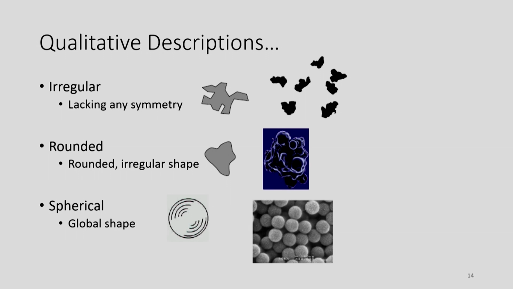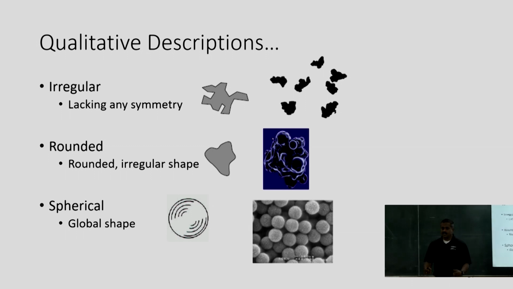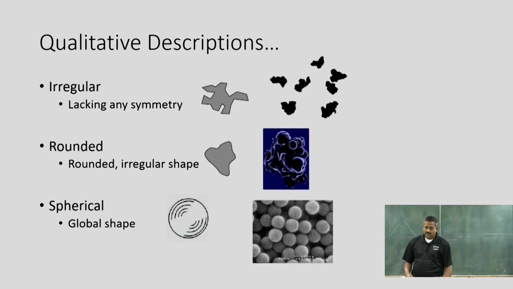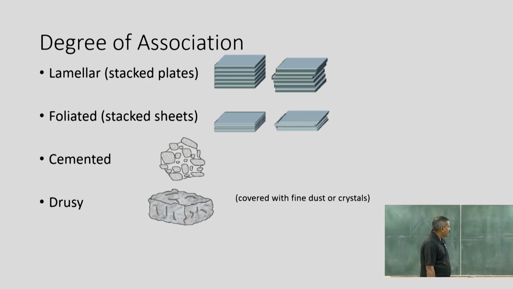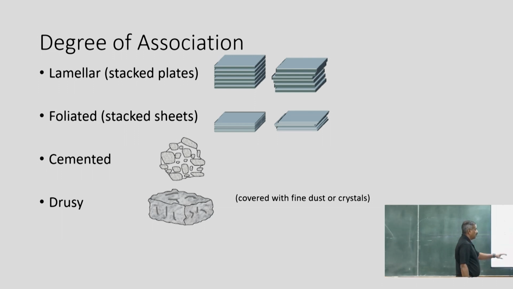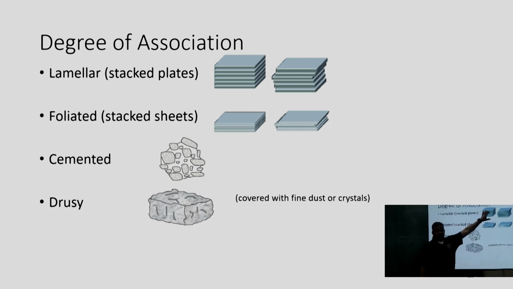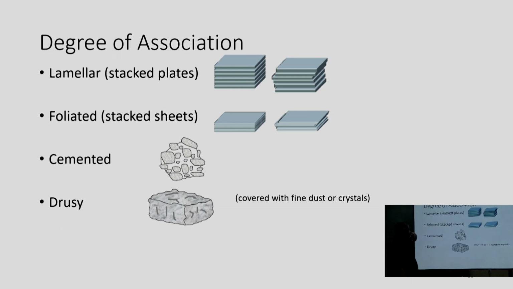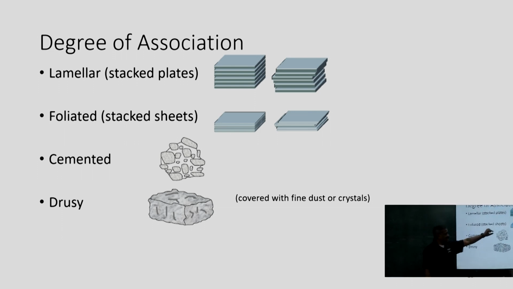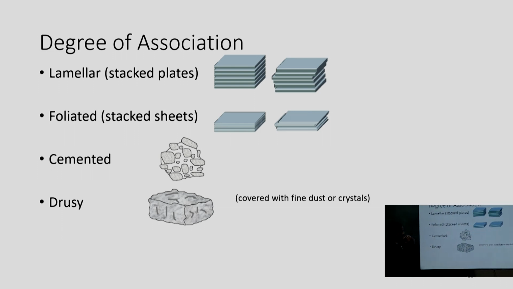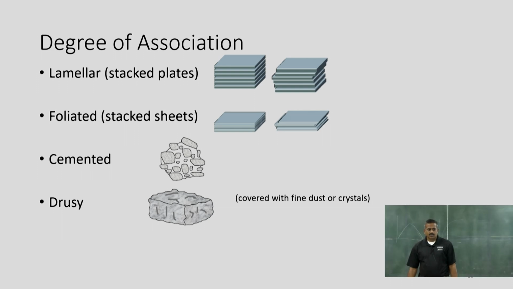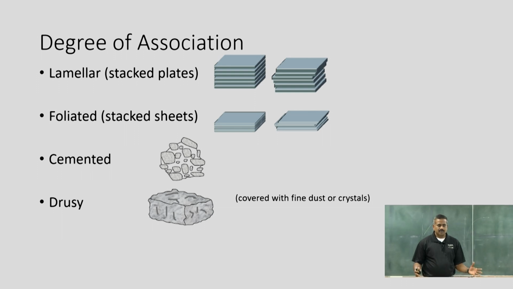Spherical, again, like a starch granule, right? It's more spherical and globular, uniform shape. And based on the degree of association, if you have a larger number of particles stacked together, like plate shaped particles stacking together, you might see this lamellar, foliated. If it's thin sheets, you might characterize them as foliated, cemented, druzy, etc. Cemented is like a hard agglomerate. Is anyone working on agglomeration of food powders?